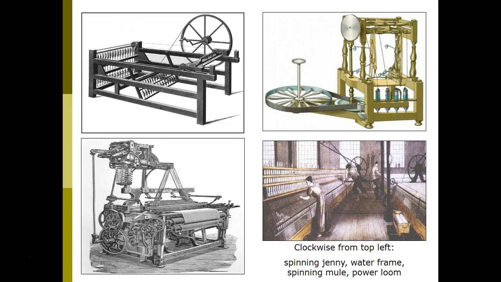Finally, then, we get the power loom. Now, the power loom is used to weave all those threads into fabric, into a textile. But the key part to this invention was instead of using water power, it's using power from steam.